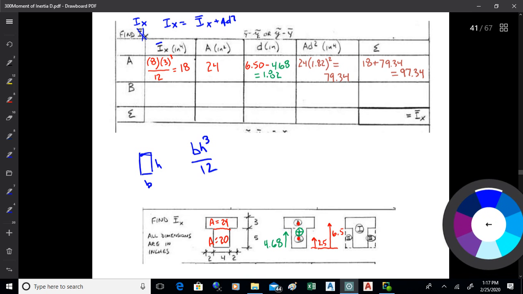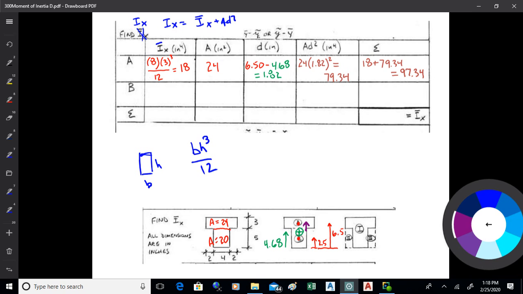So what I've got there is the distance from the neutral axis to the centroid of the shape that I'm working with. I'm working with that rectangle on the top. So it's 6.5 minus 4.68. 4.68 is the neutral axis location. 6.5 is where the centroid of A is. The difference is positive 1.82.